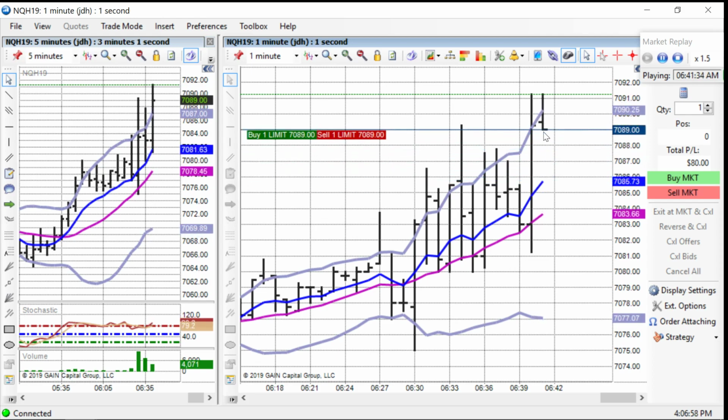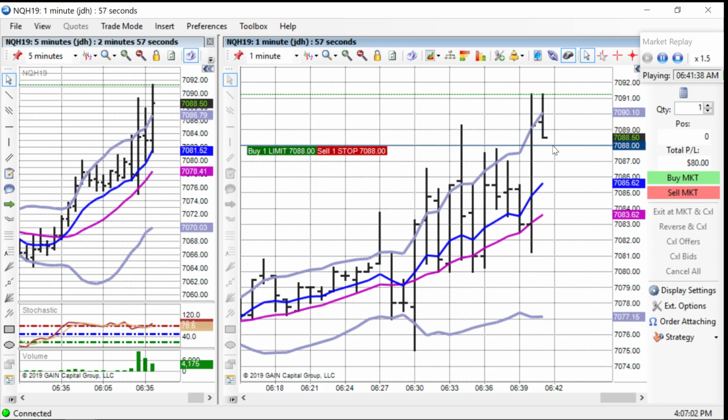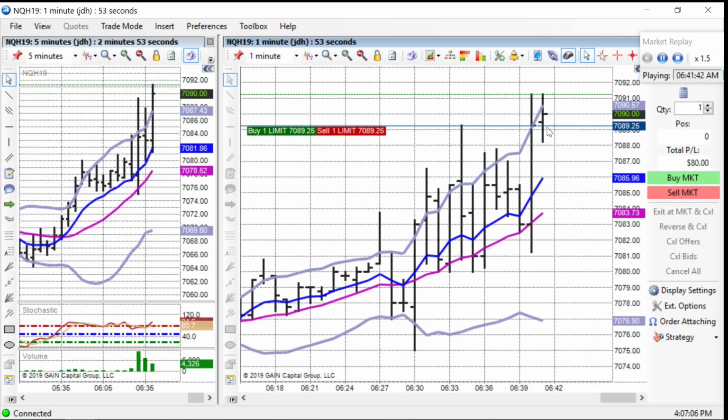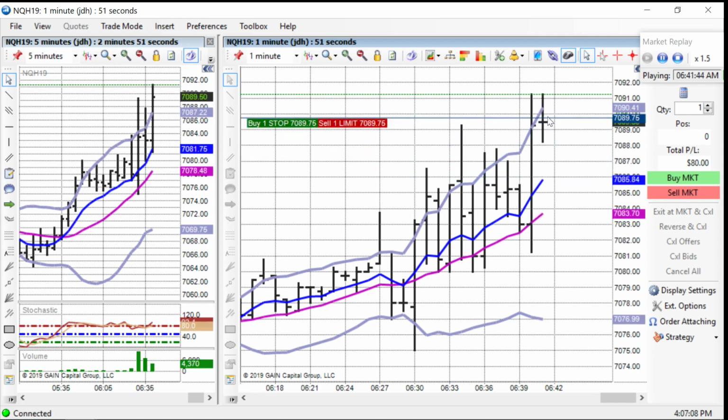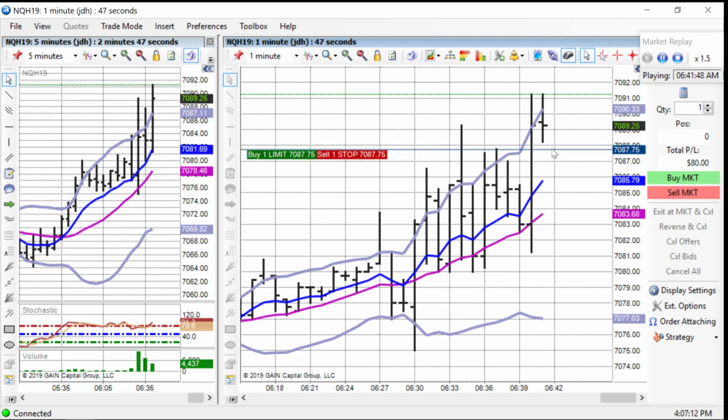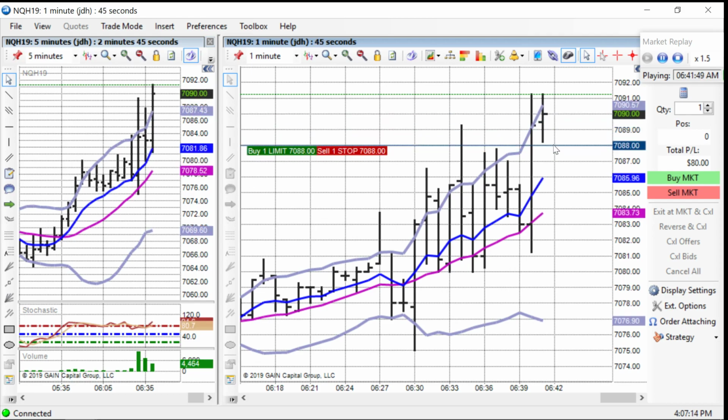And when you see that, as I see them get closer to that upper Bollinger Band, a breakout below one of these lows becomes more significant as a sign of a trend reversal.